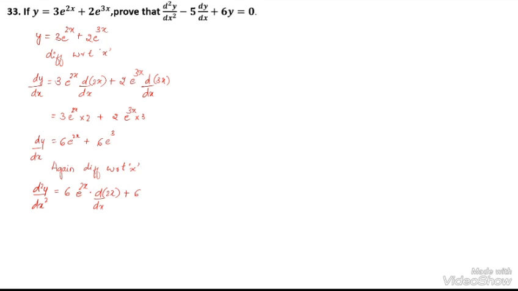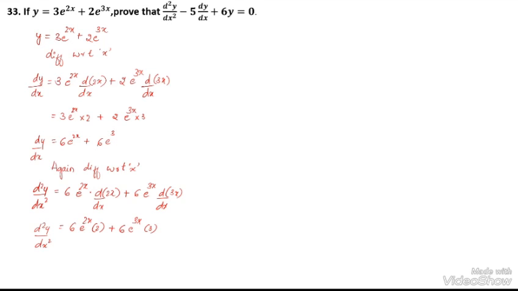Plus 6 is the constant, e to the power 3x, again in place of x there is a 3x, I will take differentiation again. Now you will get 6 e to the power 2x into 2 plus 6 into e to the power 3x into 3. Okay. This is d square y by dx square.